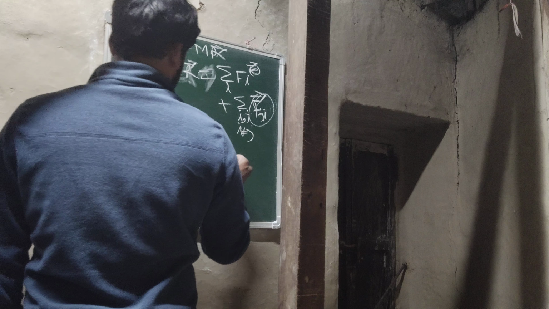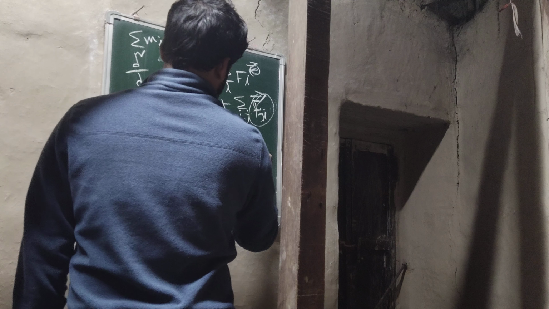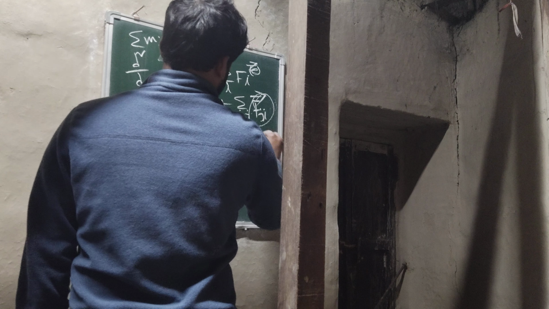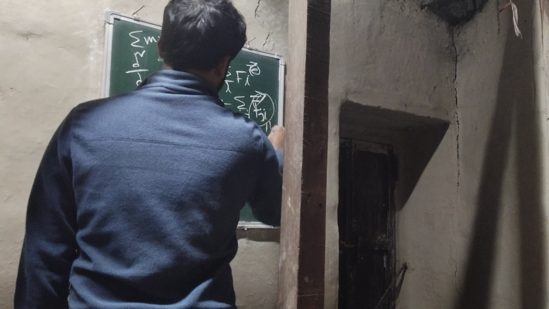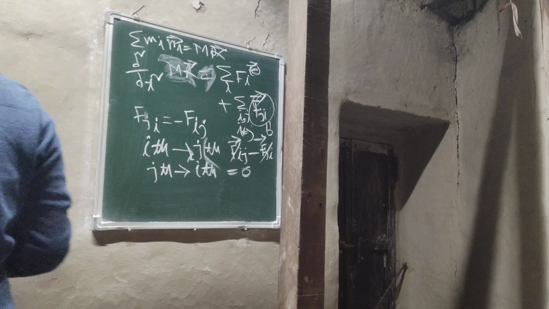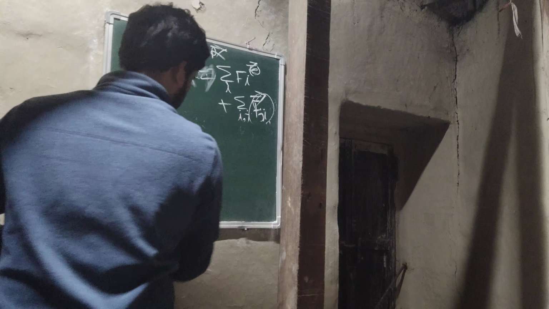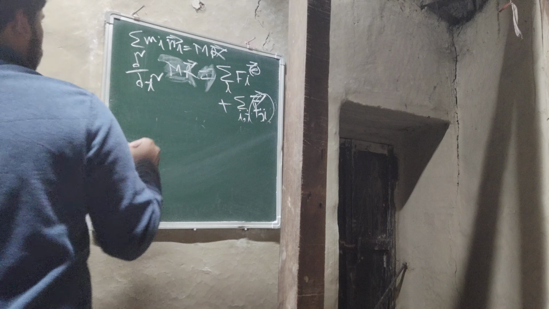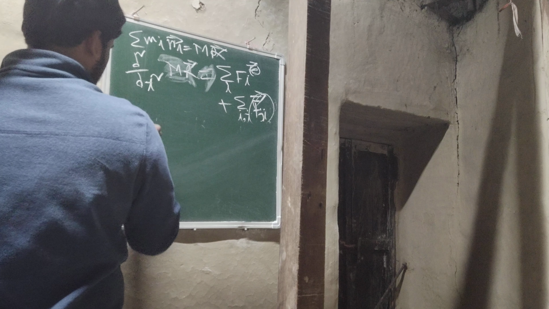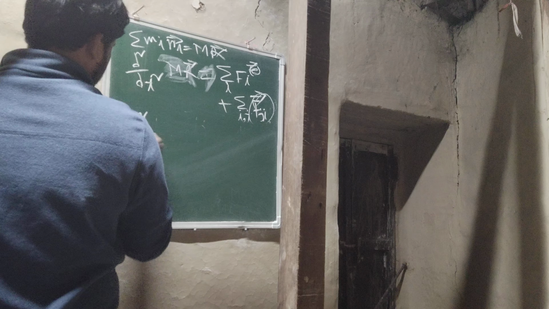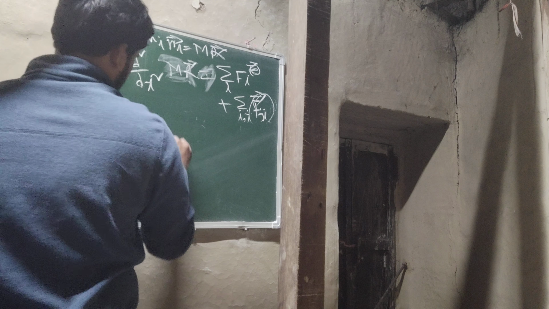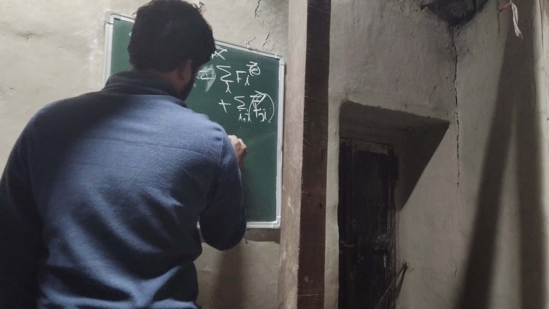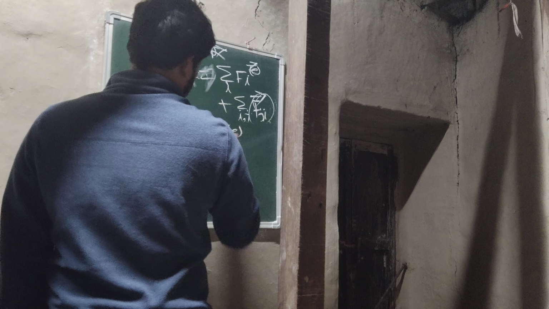So F_ij and minus F_ji cancel each other, equal 0. So this term equal 0. So finally we get the equation of motion for a system of particles: d2/dt2 of M R vector equal summation over i of F_i^e vector.